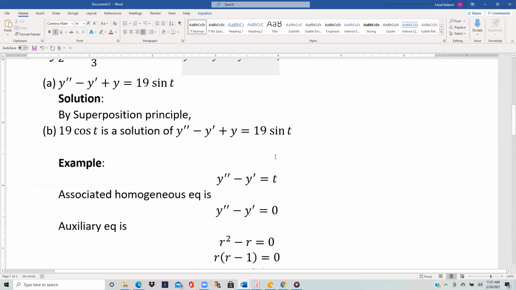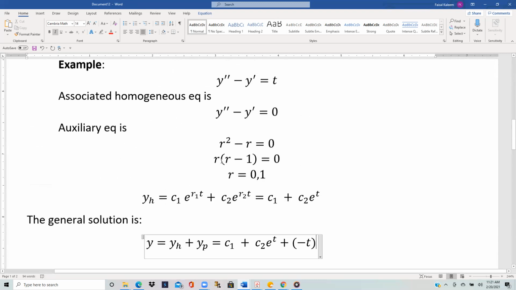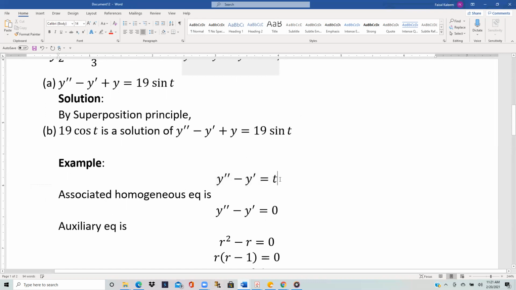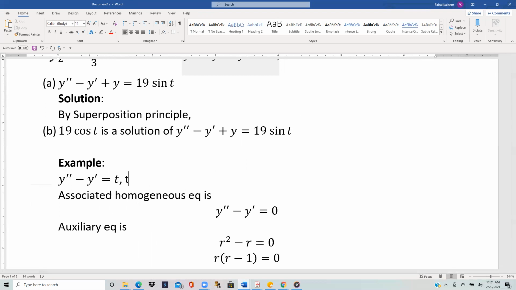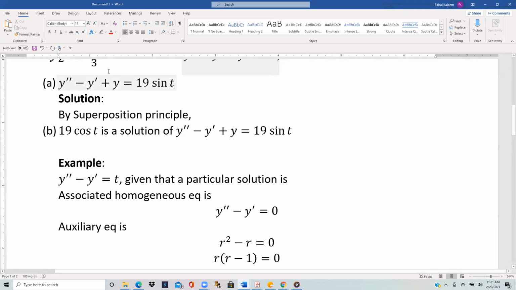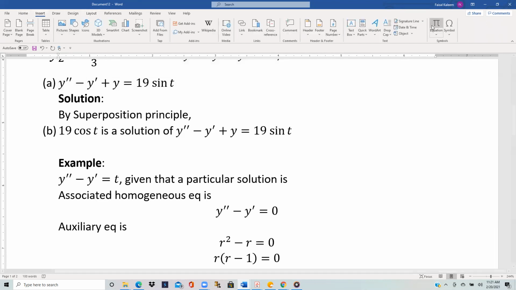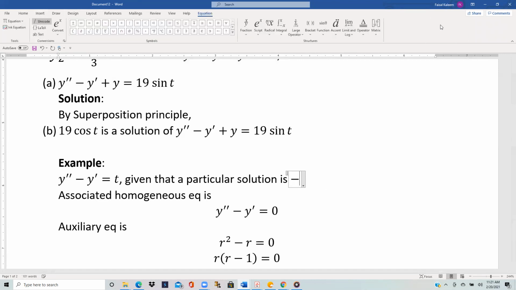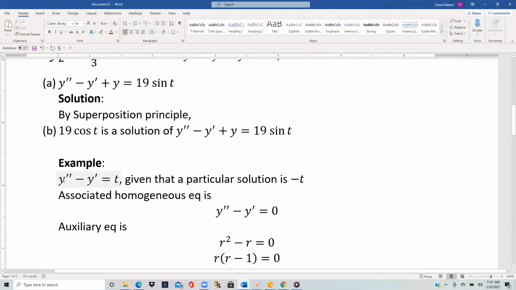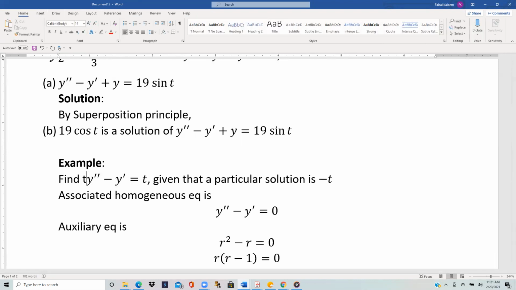So here it was given. So the example was this: given that a particular solution is negative t, find the general solution.